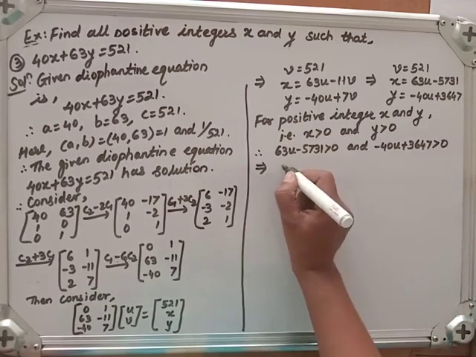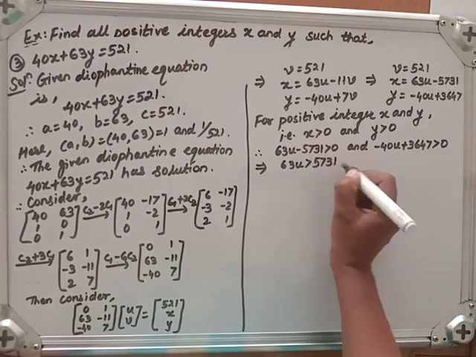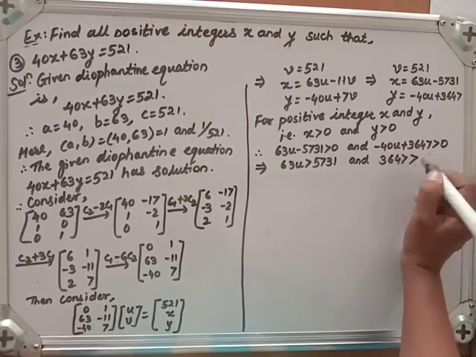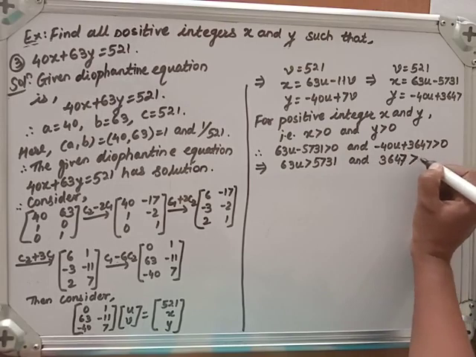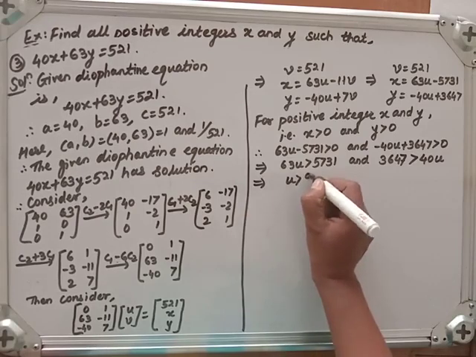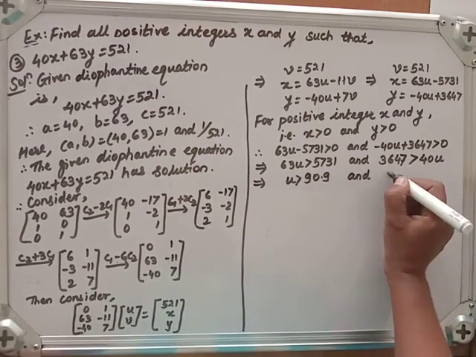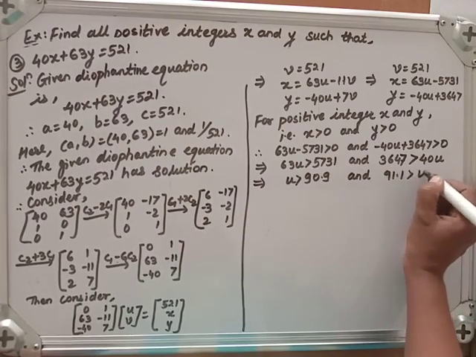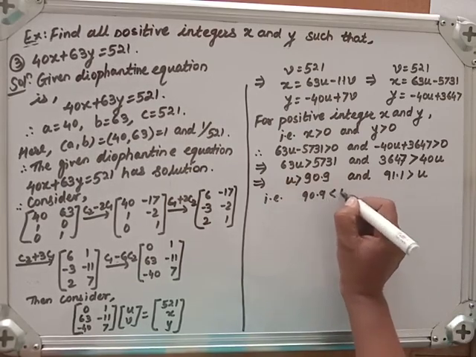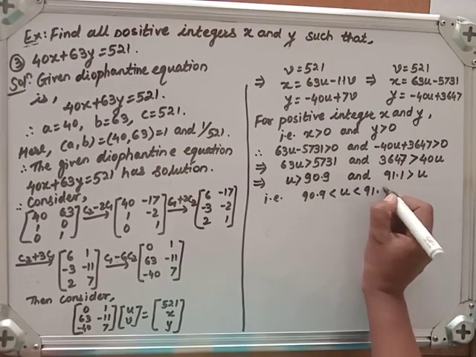So this implies 63u is greater than 5731 and 3647 is greater than 40u. So that is u greater than 90.9 and 91.1 is greater than u. That is 90.9 is less than u and u is less than 91.1.